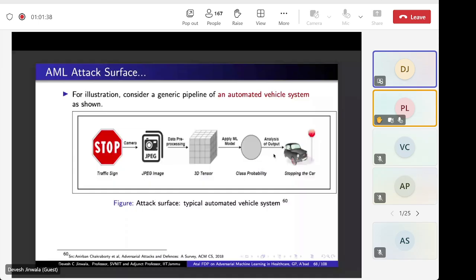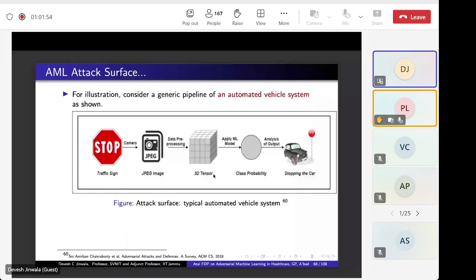Remember, I came to this slide because I was trying to tell you what we mean by attack surface. So an adversarial machine learning researcher would say that all of these points are the attack surface of the system.